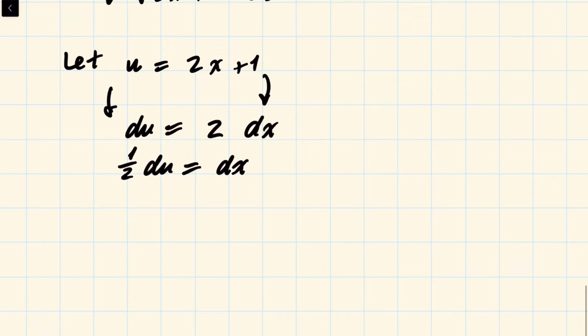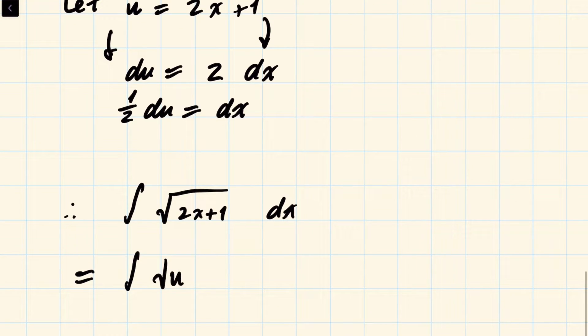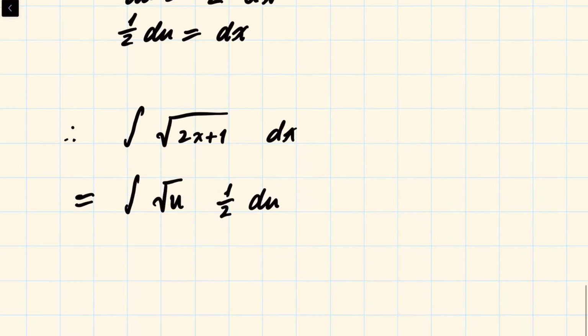So now we can say, therefore, the integral of root 2x plus 1 dx is equal to, subbing in our u stuff here, the root of u times half of du. Okay, kind of put that in brackets there.